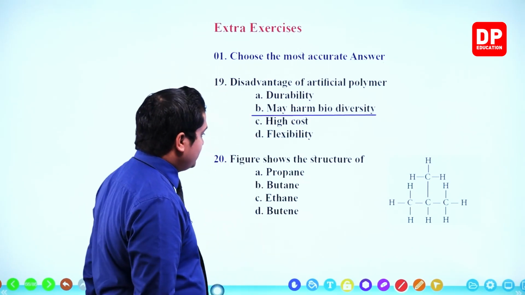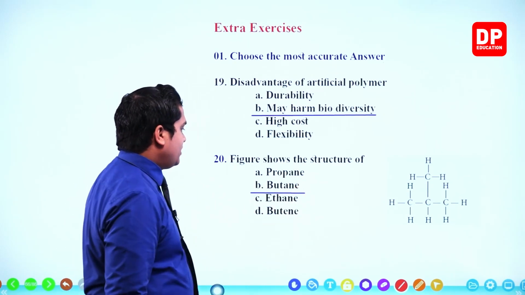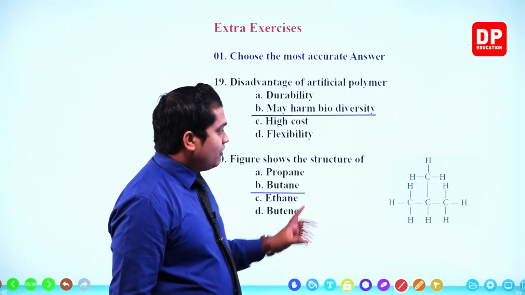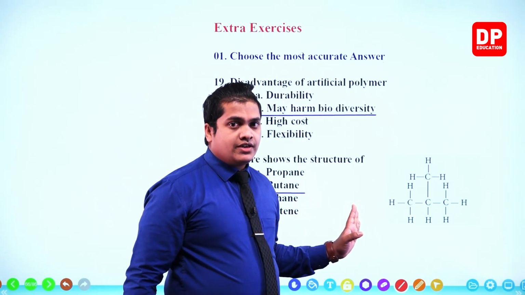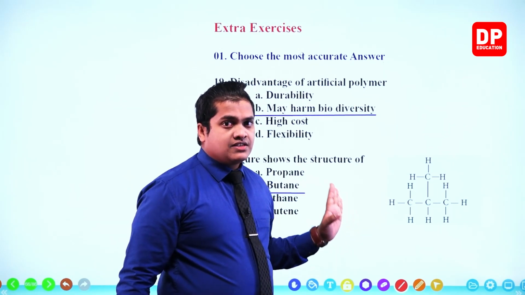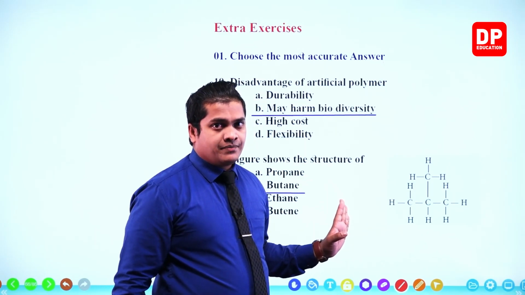So go for the answer that contains butane. Over there is butane. So the second one would be the answer. Butane is the answer because it contains 4 carbon atoms and all the carbon atoms have single bonds, right?